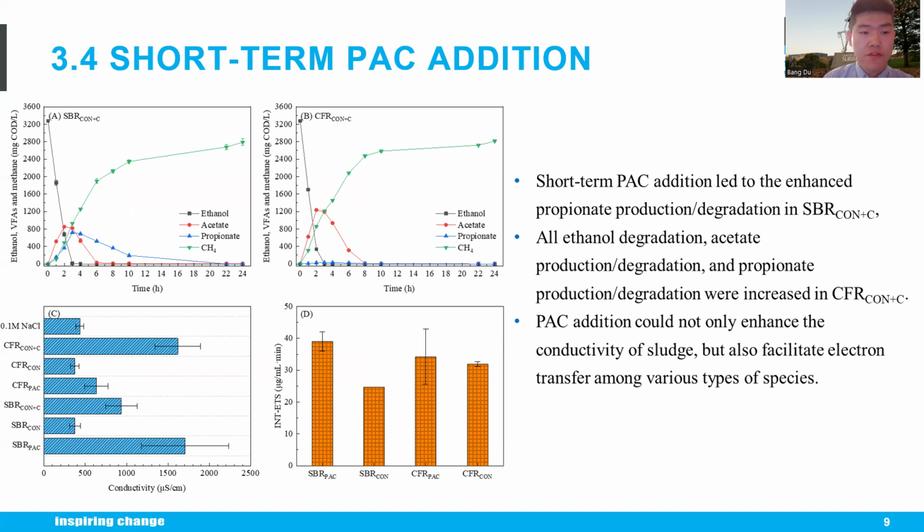Second, we found that ethanol degradation, acetate production and degradation, and all biological reaction rates were increased in CFR with short-term PAC addition. And third, we found PAC addition could not only enhance the conductivity of sludge, but also facilitate electron transfer among various types of species, no matter long-term or short-term.